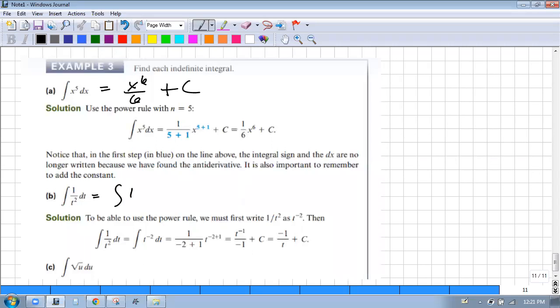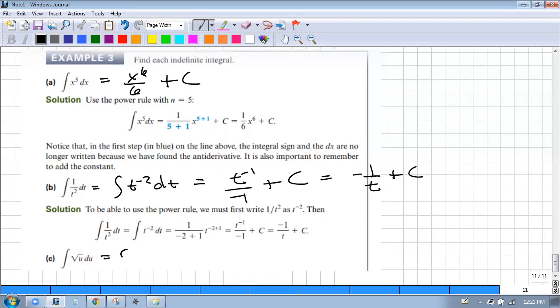This is the same thing as t to the minus 2, right? So we'd have to have 1 higher on the exponent, and we'd need to divide by that exponent. If I multiply by the minus 1, those go away, and then subtract 1, I get the minus 2. The rest is arithmetic, making it pretty. Of course, we want to write this as negative 1 over t, right?